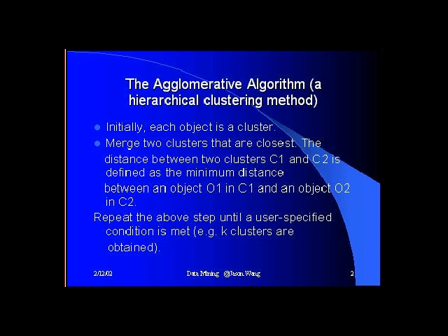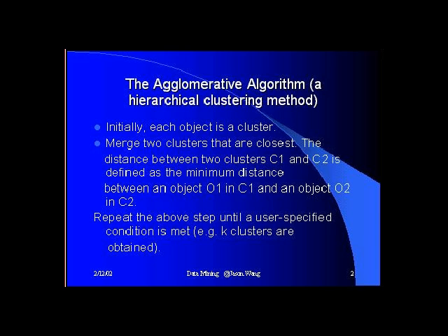And that gives you the basic step, and you repeat this step until a user-specified condition is met, for example, until K clusters are obtained, where K is given by you.